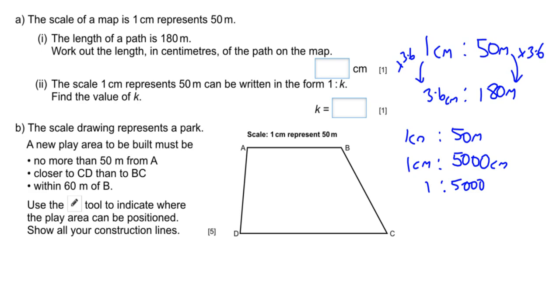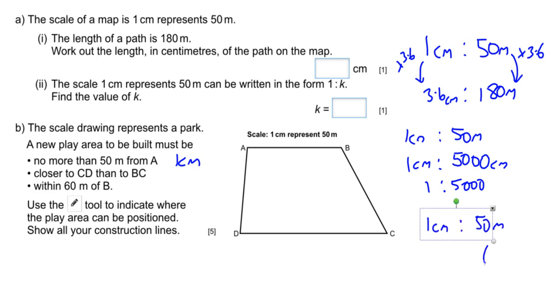And then I'm going to do something a little bit similar with this play park in just a moment, because I work out that my play area must be no more than 50 meters from A. So that's going to be 1 centimeter. Must be closer to CD than BC and within 60 meters of B. So doing the same conversion there, within 60 meters, let's say 1 centimeter is 50 meters.